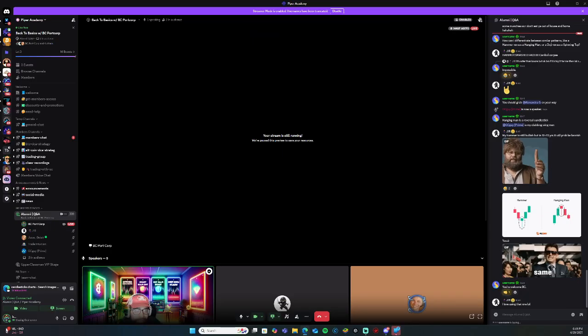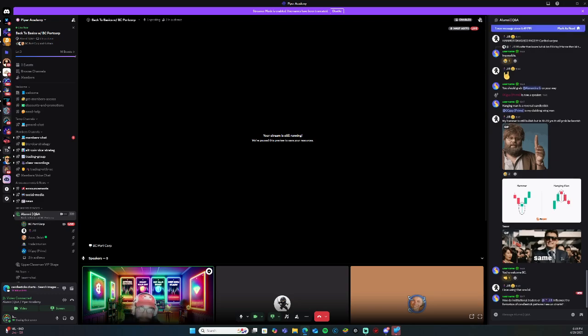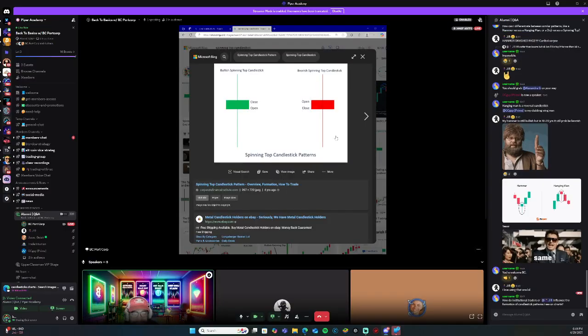We will look at a spinning top real quick. I have not heard that one. Spinning top candlestick. It looks like it's exactly the same as a doji candle, so it's a different way to say an indecision candle.